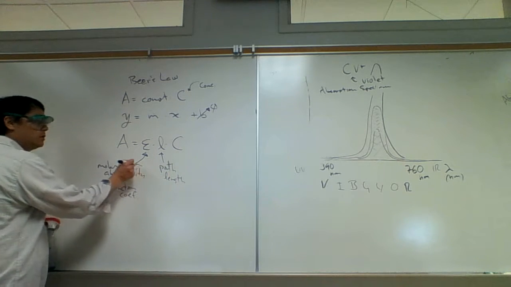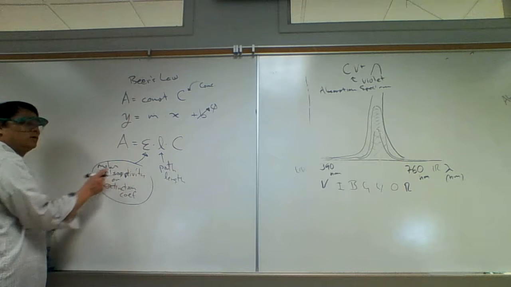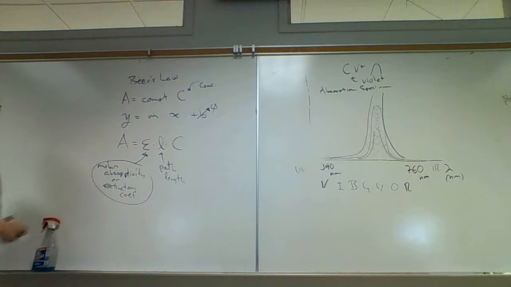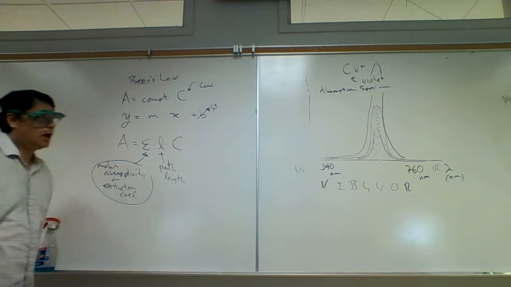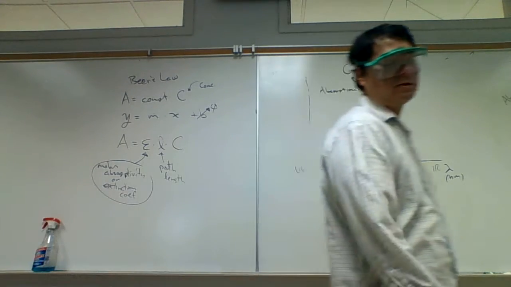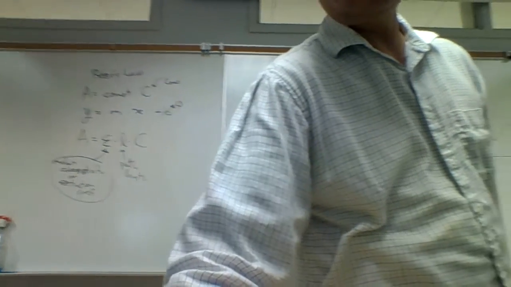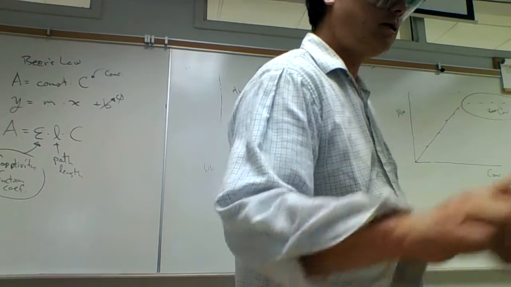What is high concentration and what is low concentration depends on the molar absorptivity. The molar absorptivity tells us how well or how poorly this species absorbs those particular photons. And so high concentration depends on what we're talking about. Rather than that, using absorbance is much easier.